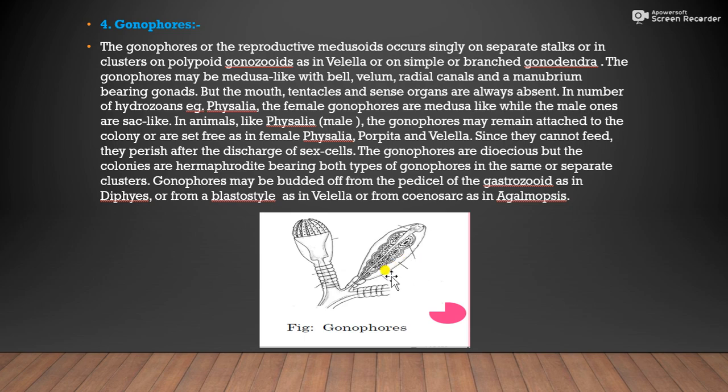Gonophores may be budded off from the pedicle of the gastrozooids, as in Tubularia, or from the blastostyle, as in Velella, or from the coenosarc, as in Agalmopsis.